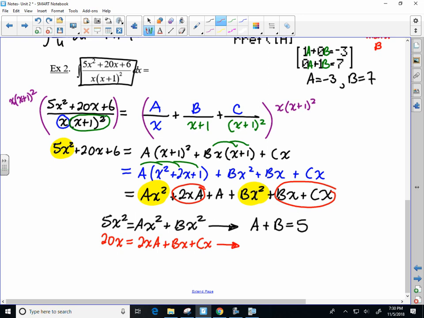But just getting it in the right format, I'm going to write it as 2a plus b plus c is equal to 20. Then the last one is actually pretty simple, because the only thing left over on the right-hand side is the a, and the only thing left over on the left-hand side is the 6. So a has to be equal to 6.